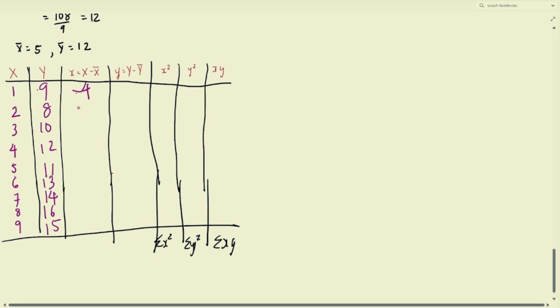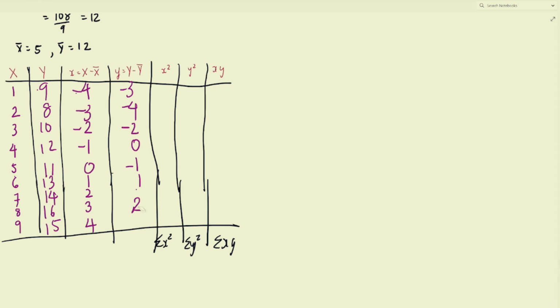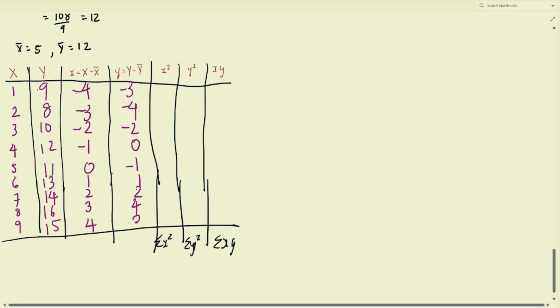Again 2 minus 5 is minus 3, then minus 2, minus 1, 0, 1, 2, 3, 4. Similarly for y, 9 minus 12 is minus 3, then minus 4, minus 2, 0, 1, minus 1, 1, 2, 4 and 3.